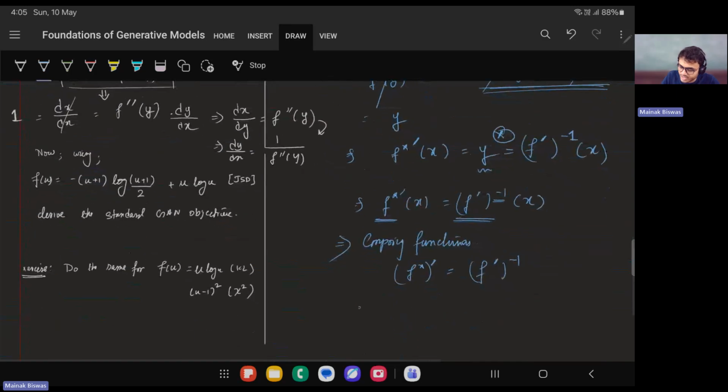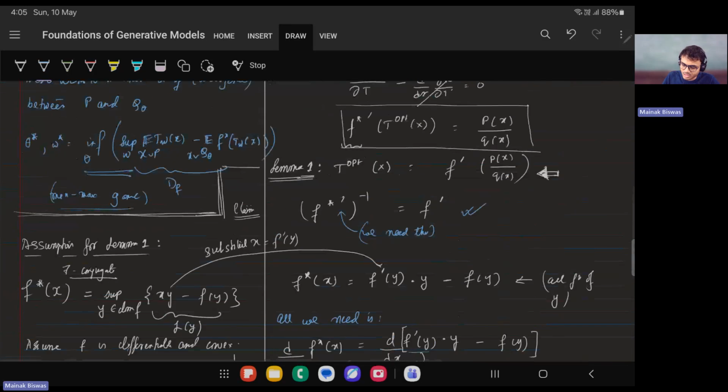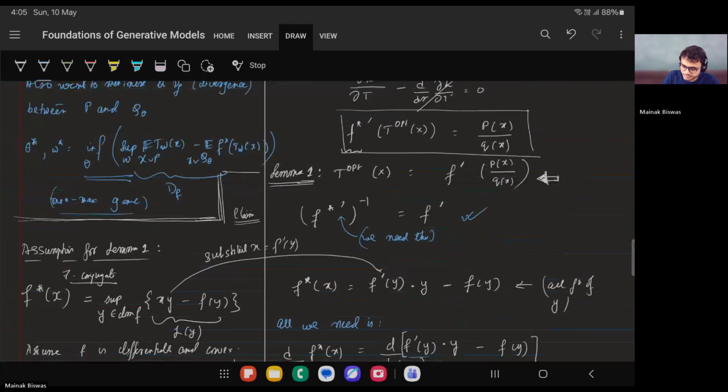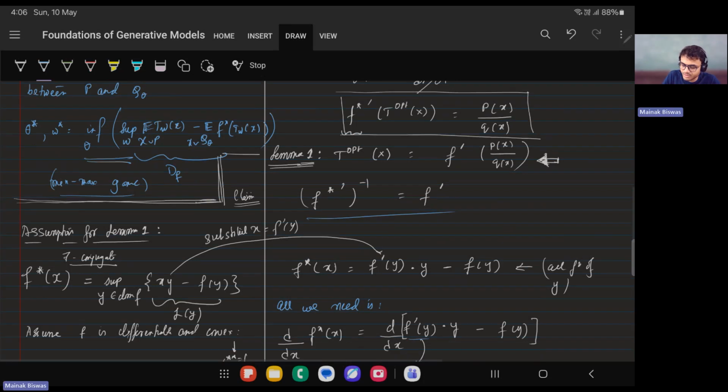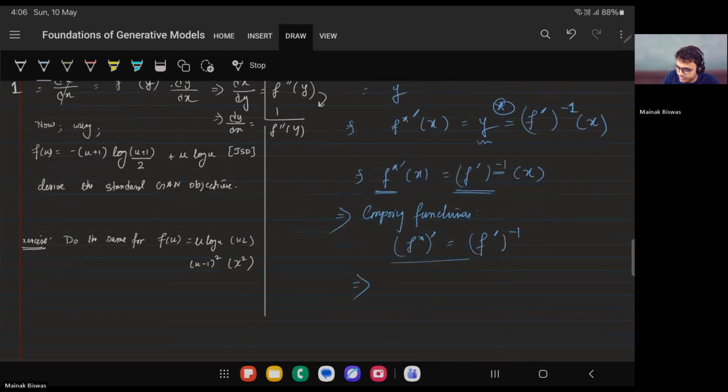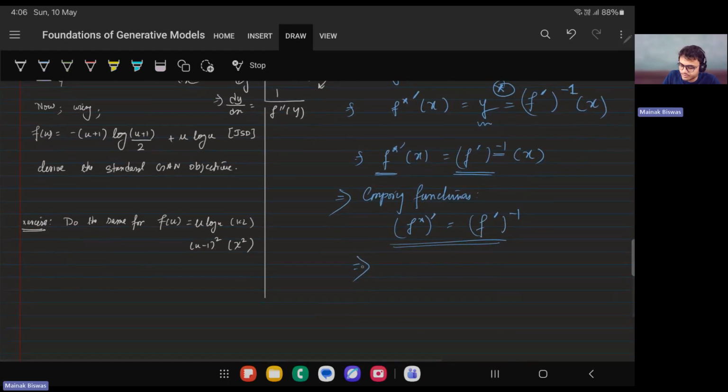So if I take inverse again, this was the original equation, the original plan that I have. The original equation that I wanted to have is, if I have the inverse of this again, okay, let us keep this and this. So this is equal to f dash.